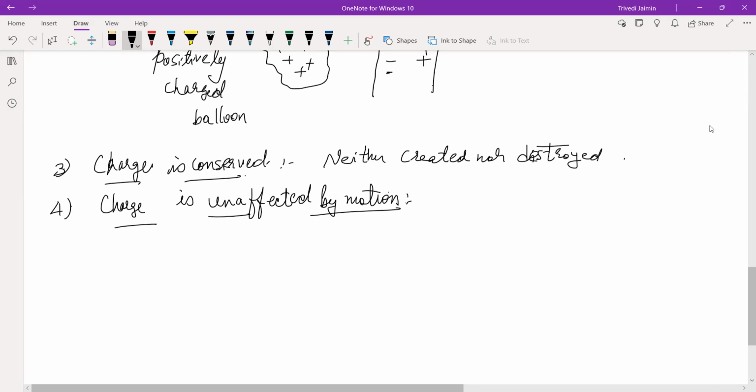Even mass will not change if the object is moving. There is only one condition to change mass: when the object or particle travels at the speed of light. That's what was given by Einstein. So charge is unaffected by motion. That means charge at rest is equal to charge in motion. It will not change.